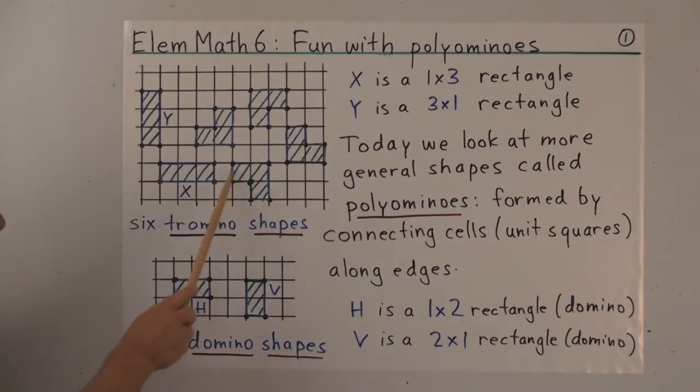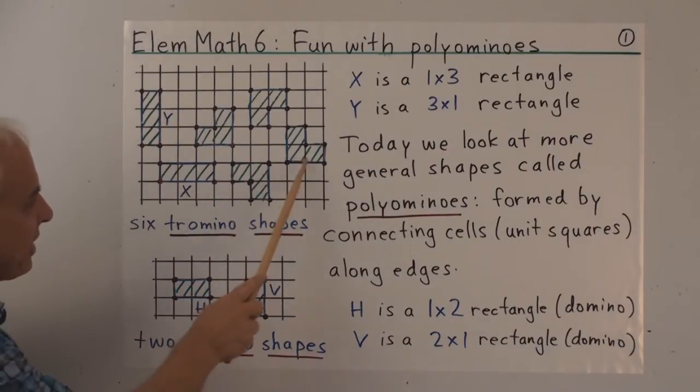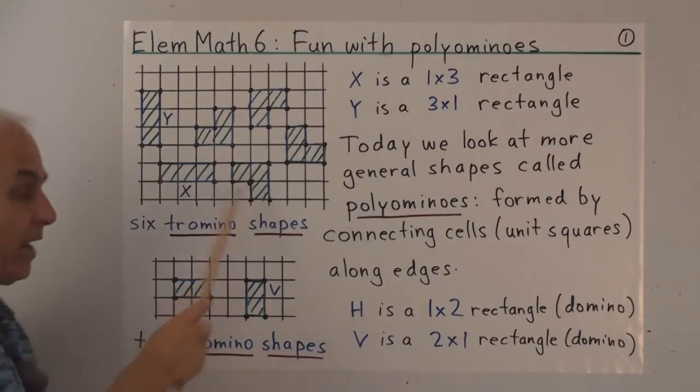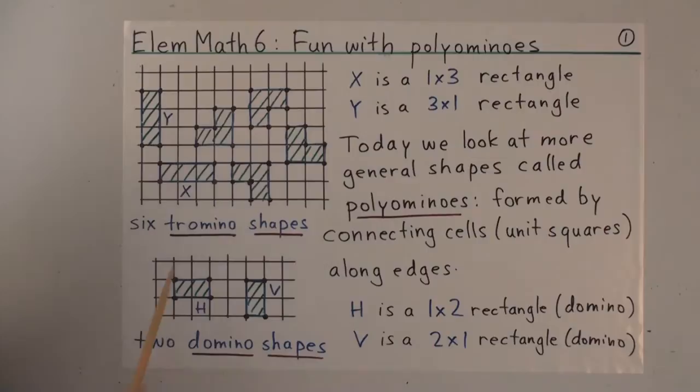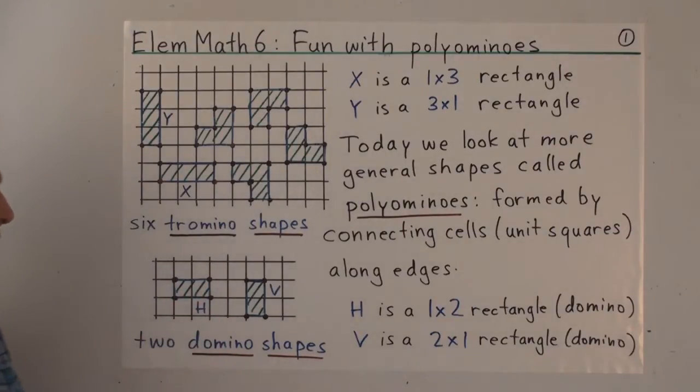Now, these polyominoes that we're considering here, they're all a little bit like L-shaped ones. They're called trominos. In fact, all of these are trominos. They are the ones that have exactly 3 cells or 3 unit squares inside them. In fact, these are exactly the 6 tromino shapes.